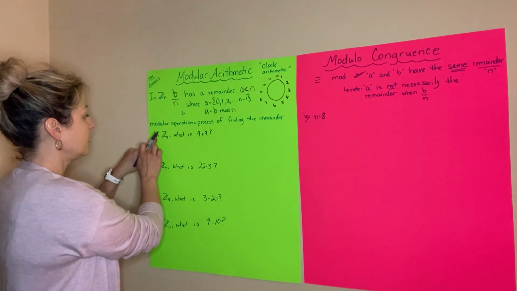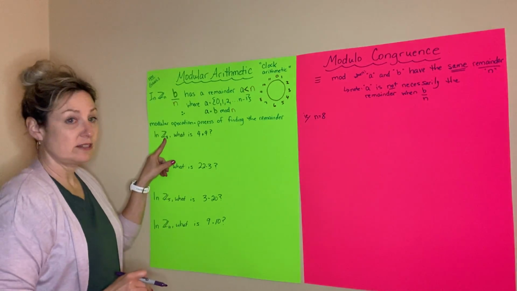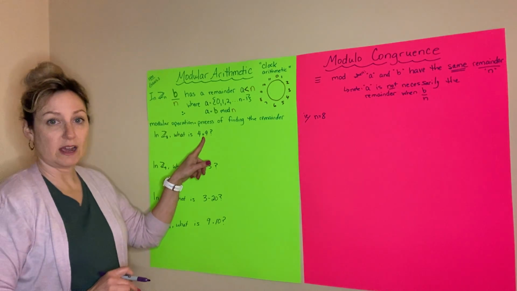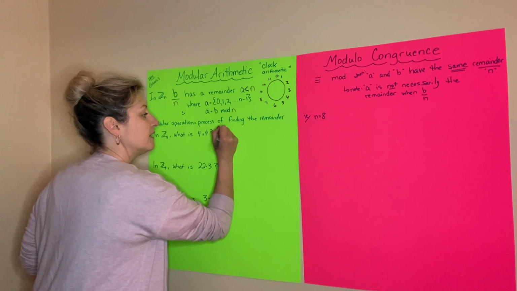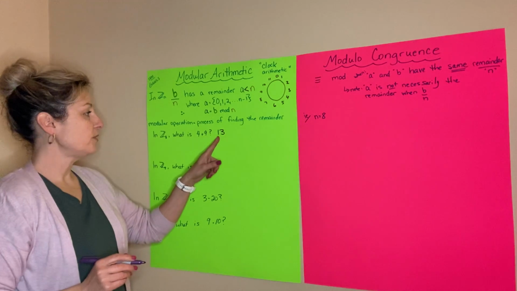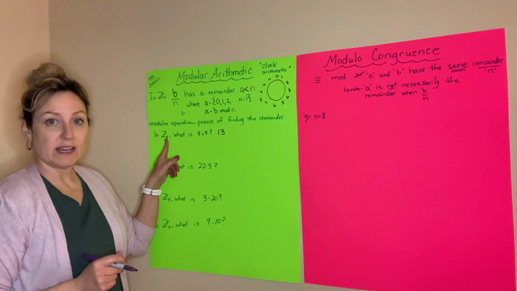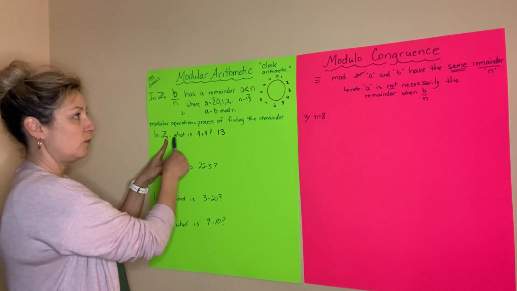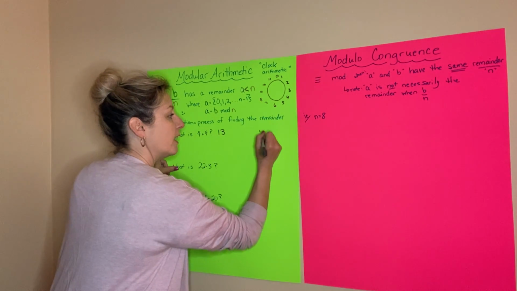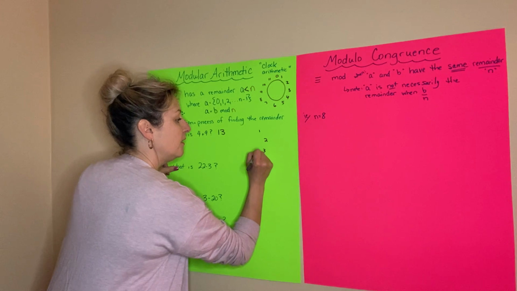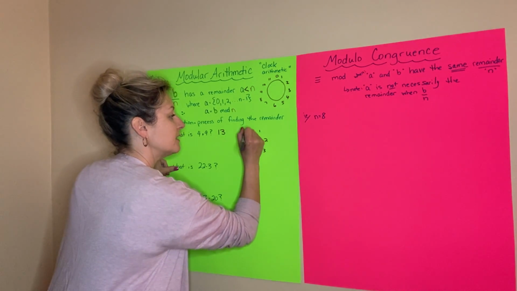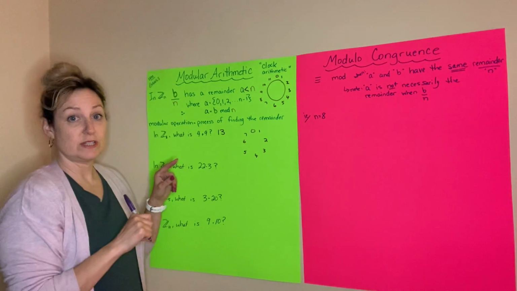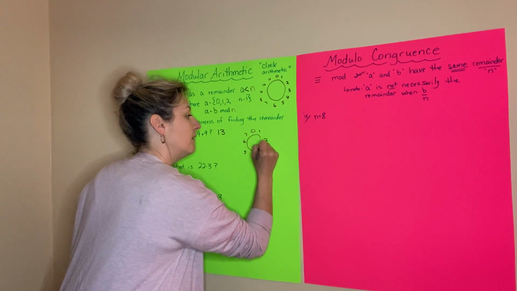So let's go through it so you can see. In Z sub 8, what is 4 plus 9? 4 plus 9 equals 13. Well, in a mod 8 world, there is no 13. It would be 1, 2, 3, 4, 5, 6, 7, 8 is your 0 up here.